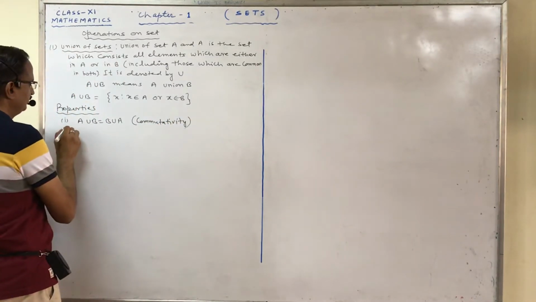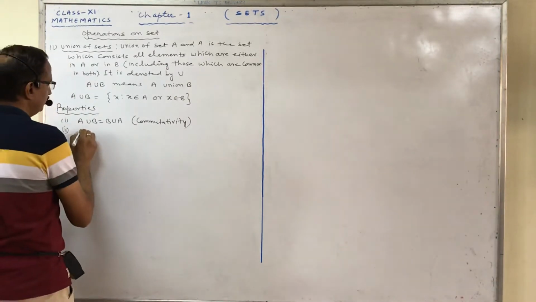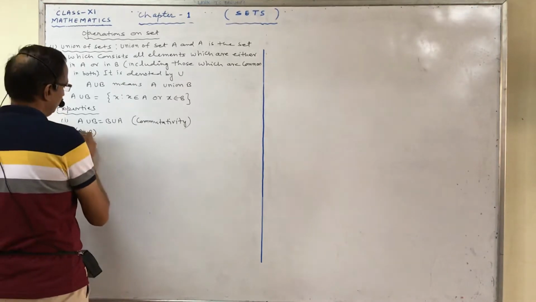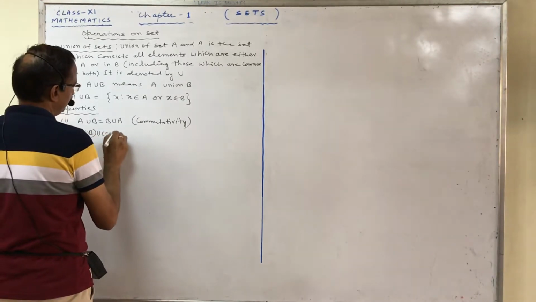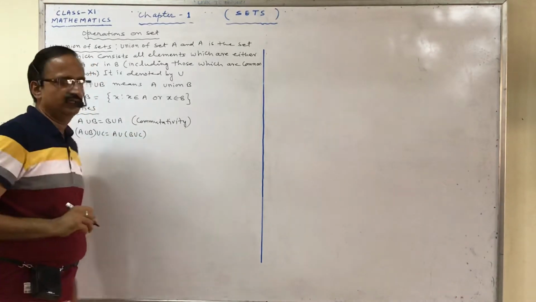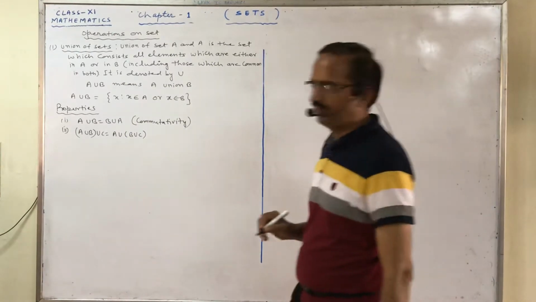Second property: (A union B) union C equals A union (B union C). You are familiar with this also. This is called associativity.